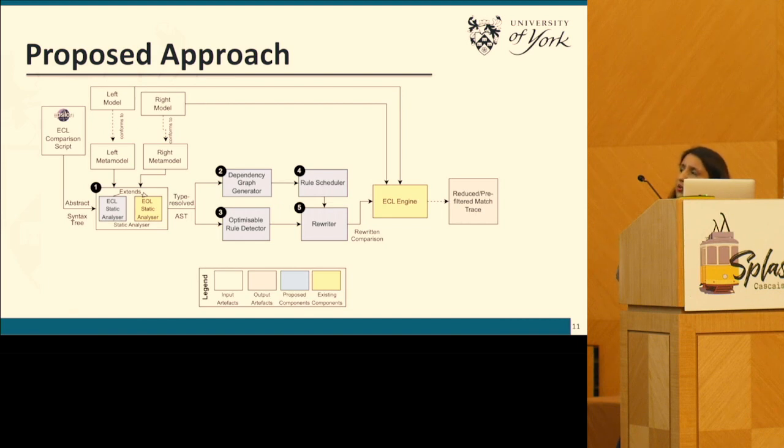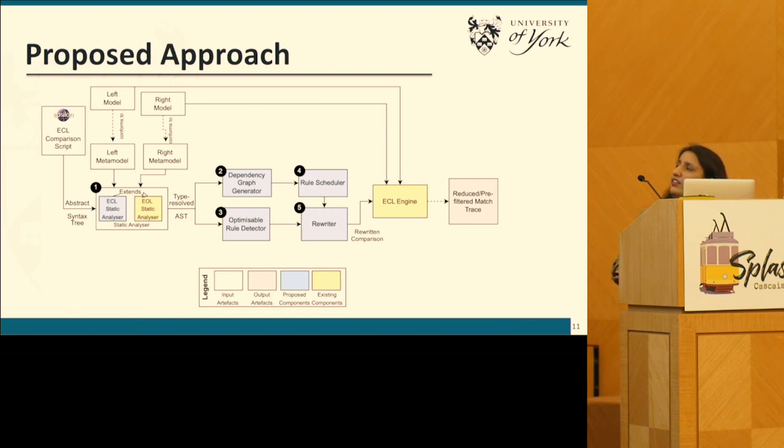Then we would use a dependency graph generator that would generate a graph depicting the dependencies between various match rules, and that would help us with the scheduling of rules. In parallel, we have an optimizable rule detector, so we'll detect which rules we can optimize.